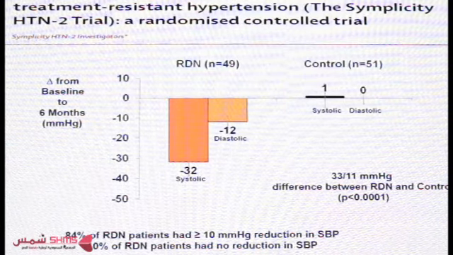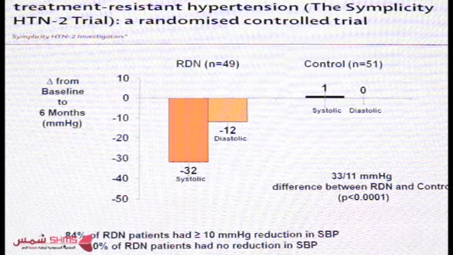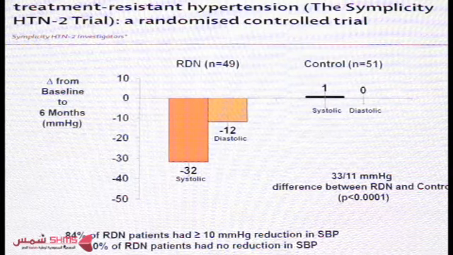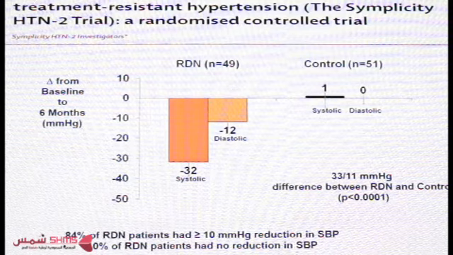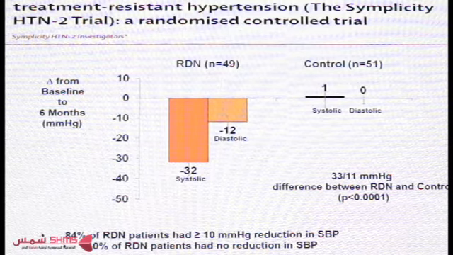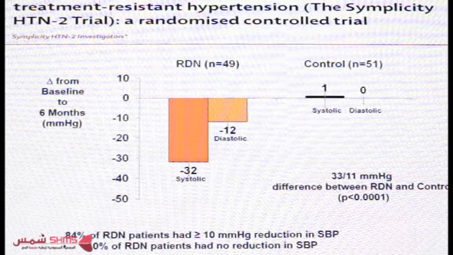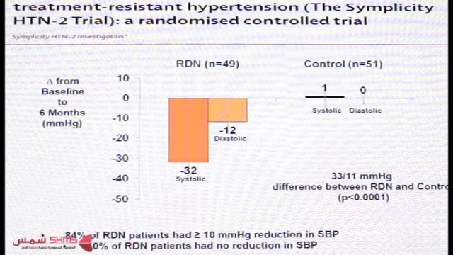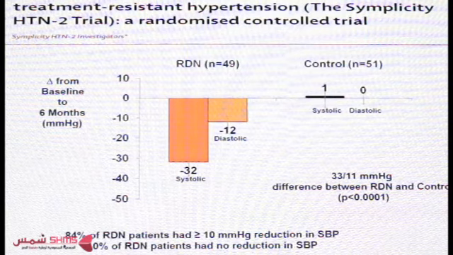In the multicenter prospective randomized Simplicity HTN-2 study, patients with resistant hypertension were randomized to renal denervation plus medical treatment, or medical treatment alone. As you can see here, renal denervation decreased blood pressure by 32 mm mercury systolic and 12 mm mercury diastolic compared to baseline. This difference is very significant. In the medical arm, there was no change.